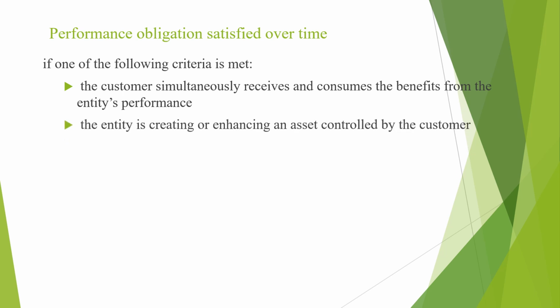The entity is creating or enhancing an asset controlled by the customer. We would be doing contracts under revenue IFRS 15 in the second part of this presentation. So generally when we are saying an entity is creating or enhancing an asset, that means maybe he is building an asset for the customer or increasing the capacity of the building, etc.